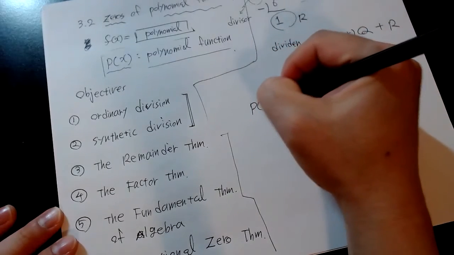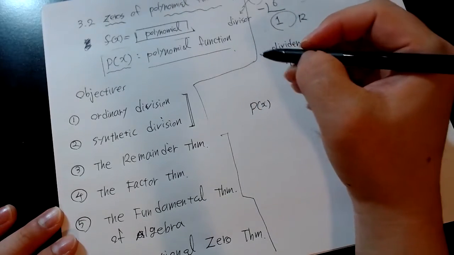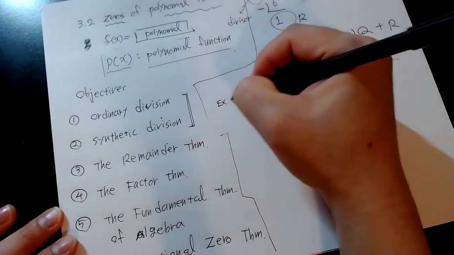Let me say P of x is a polynomial function. This is example 1 in the textbook.